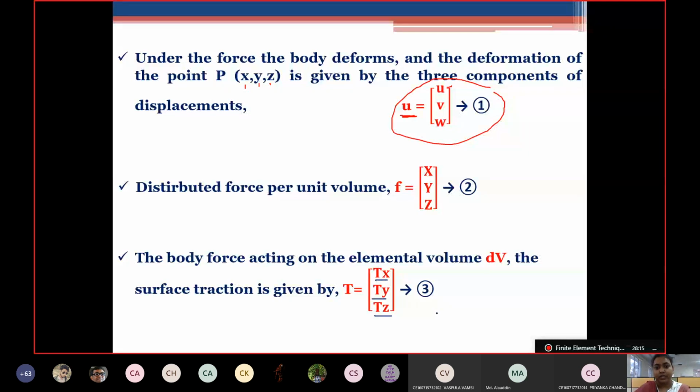Three equations. One is displacements in all the three directions, body force in all the three directions, traction force in all the three directions. The reason behind taking a completely 3D element is, once we derive for a 3D element, it would be easy for us to do for the 2D or 1D, rather than going for 1D first, 2D and then the 3D. Reducing from 3 to 1 would be easier.